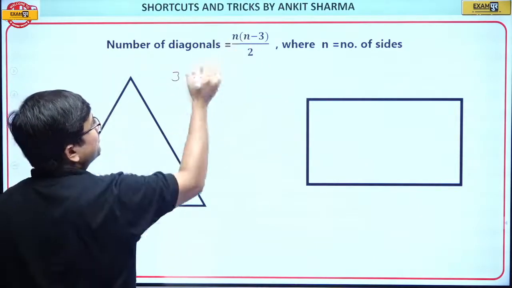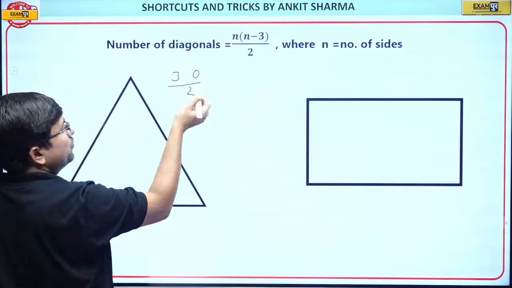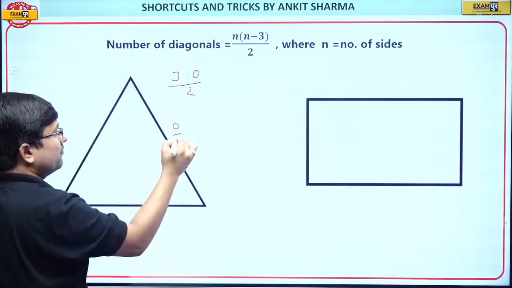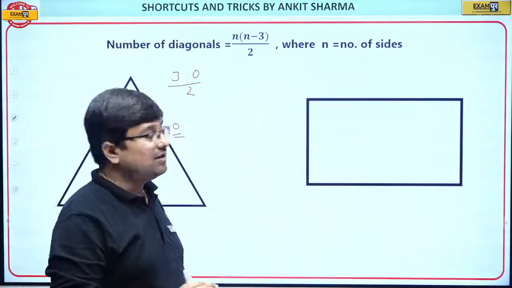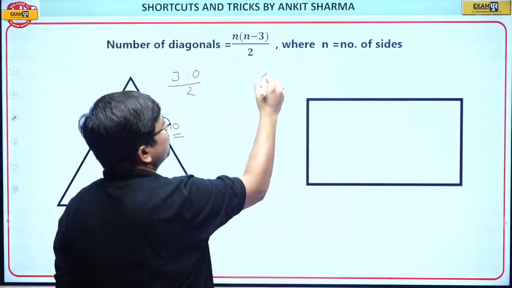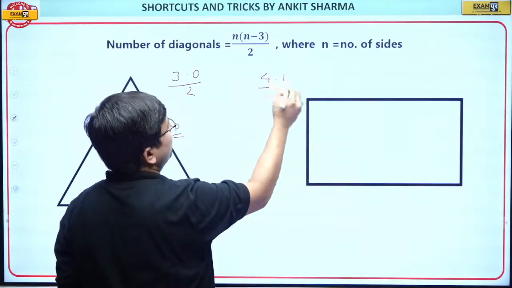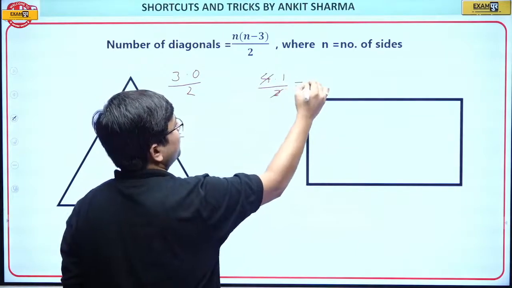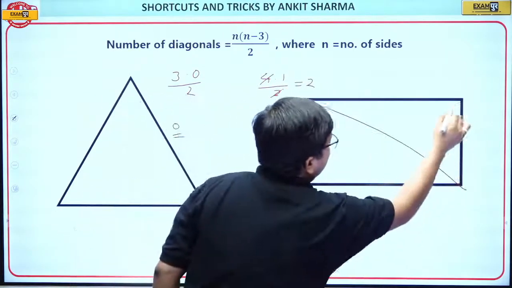So 3 into 3 minus 3, 0 upon 2. It will give you 0, which is the number of diagonals in a triangle. For a rectangle or square, which has 4 sides, put 4 over here. 4 into 4 minus 3, 1 upon 2. The moment you solve it, you will get 2, which was the number of diagonals.